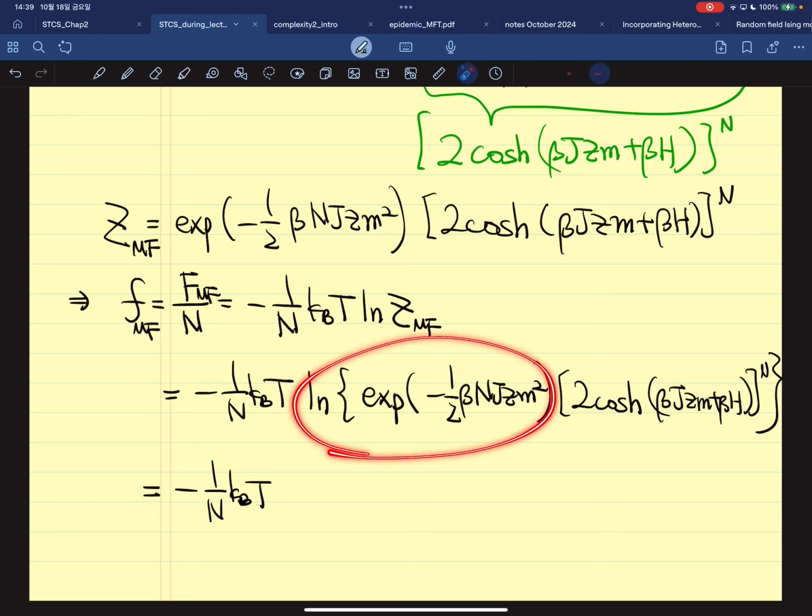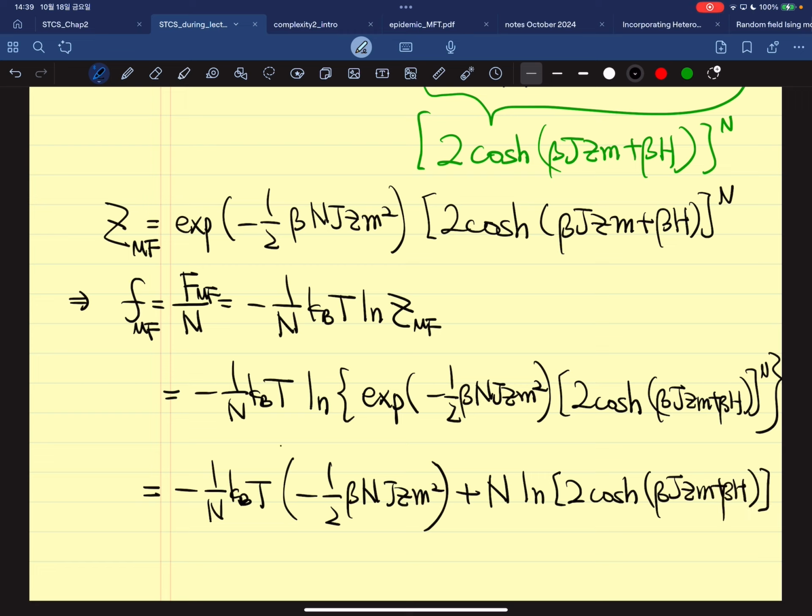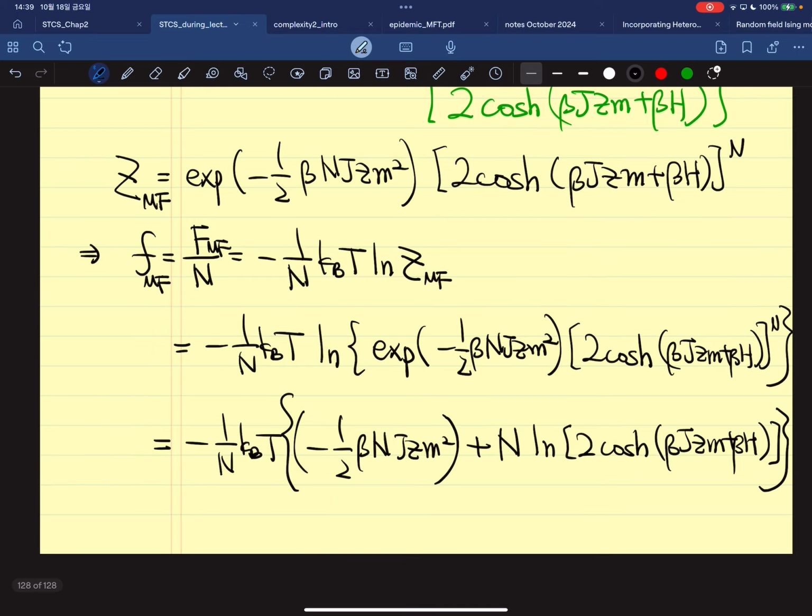This part, the log of an exponential, is the argument itself. So it will be minus beta n J squared plus n times log of twice the hyperbolic cosine.